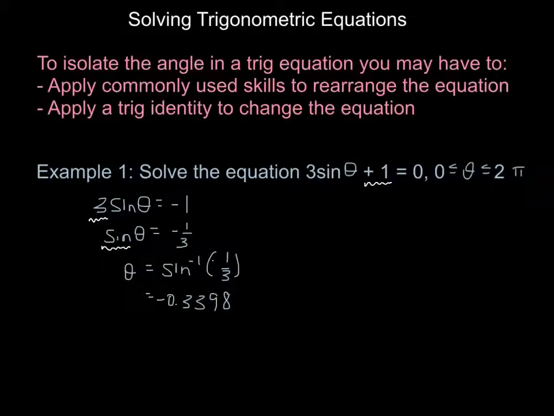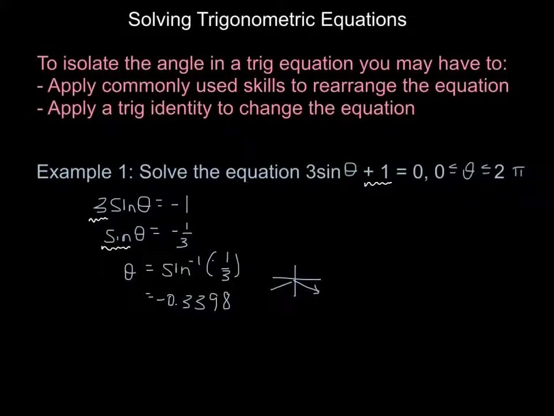So that means it's given me an answer that is in the negative quadrant here. But I want answers that are in the positive. I know sine is negative in both of these quadrants. So it's going to be 2 pi minus the answer we were given.